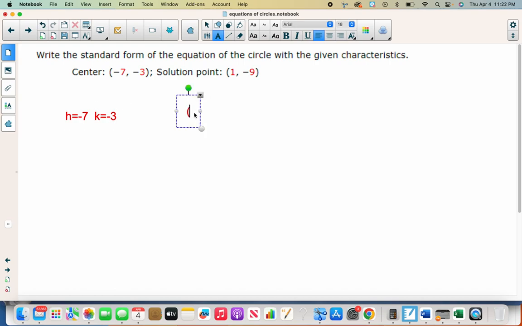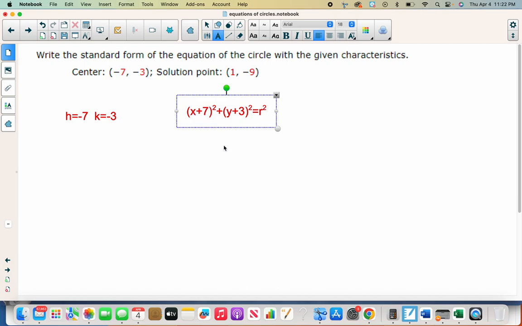So maybe if this is a multiple choice question, you could answer some of this and say (x plus 7) squared plus (y plus 3) squared equals r squared.